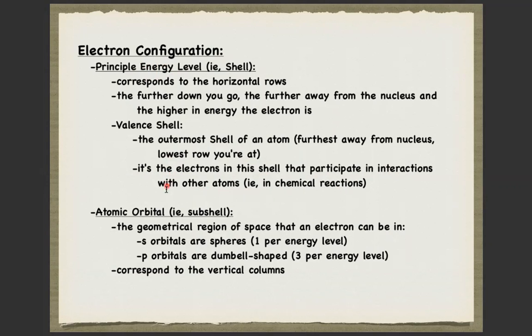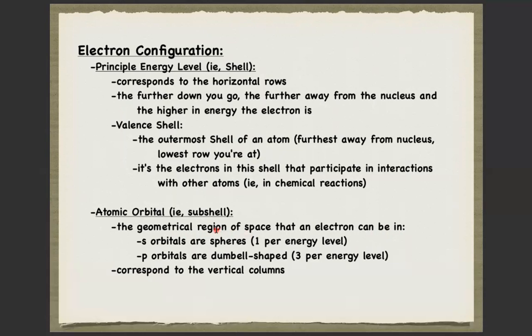The other thing that we have to know, and maybe the more important thing, is the orbital, the atomic orbital or electron orbital. That's also known as the subshell. And all an orbital is, is the geometrical region of space that an electron can be found in. So it's just the geometrical shape that an electron creates or is found inside of.